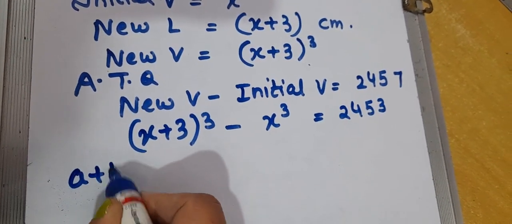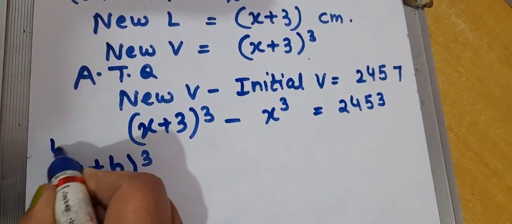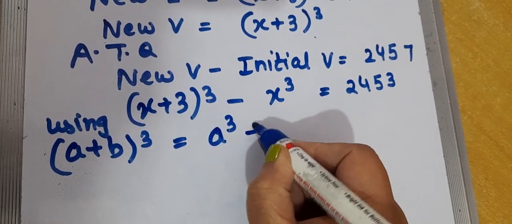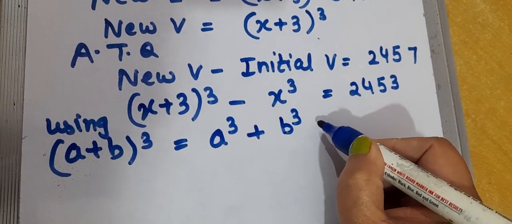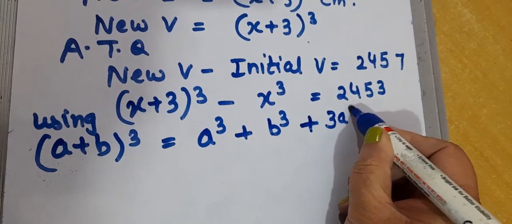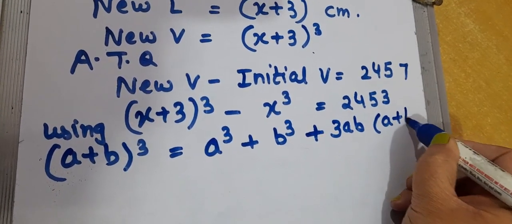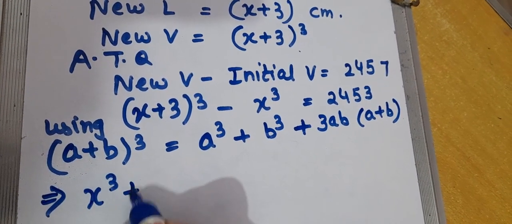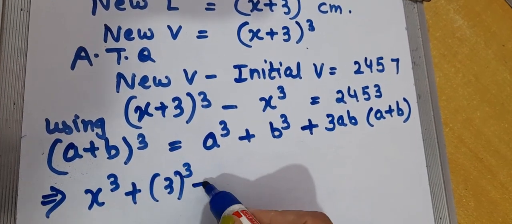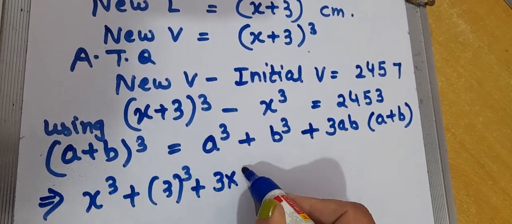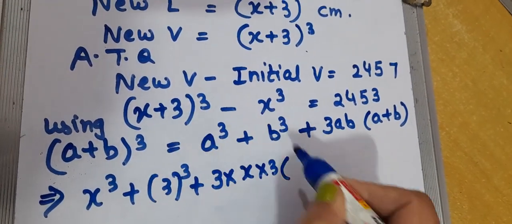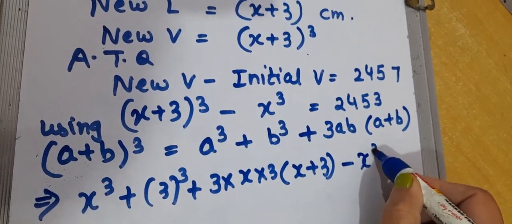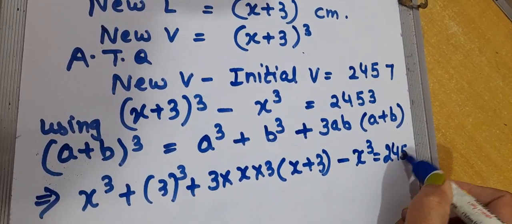So we will make use of this formula, a plus b whole cube is equals to a cube plus b cube plus 3ab into a plus b. So here I will apply x cube plus 3 cube plus 3 into x into 3 into x plus 3 minus x cube equals to 2457.